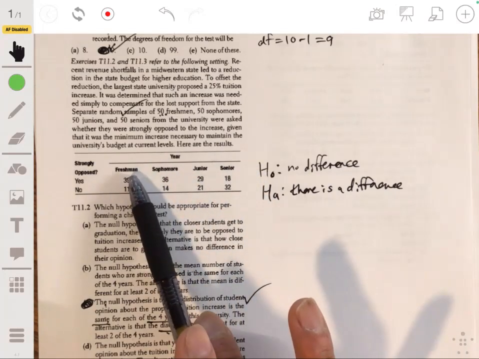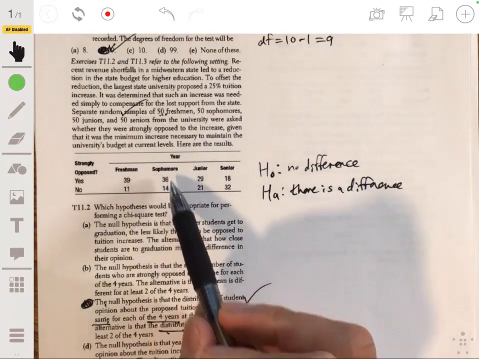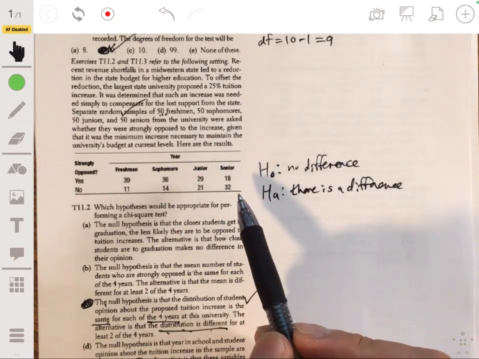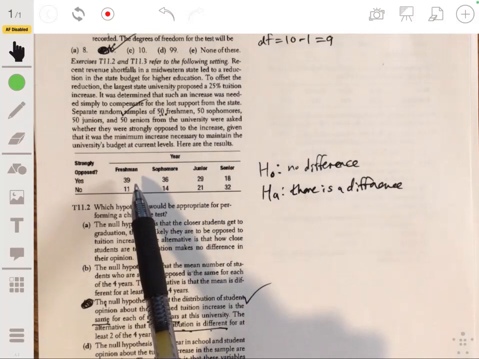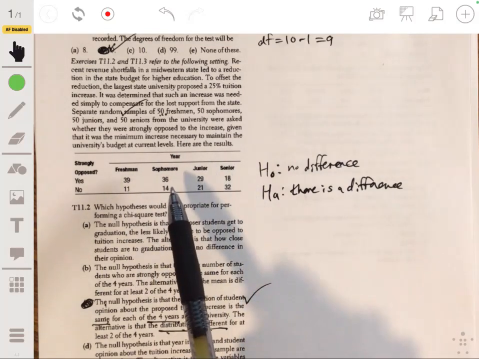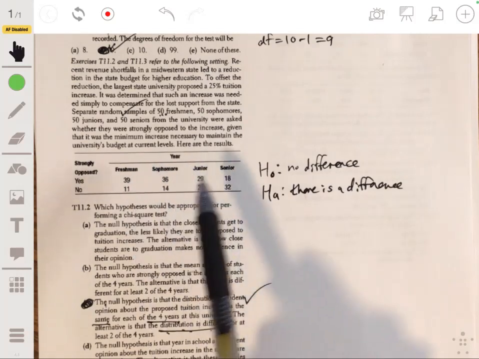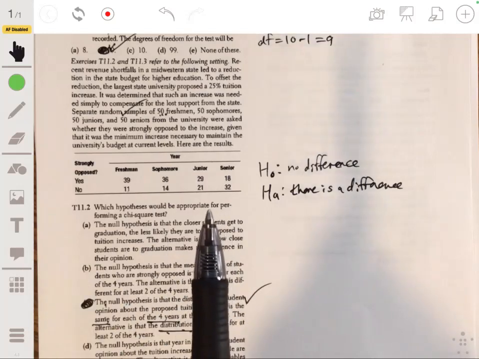One way to check this is to enter these in the matrix or do the equation, row total times column total divided by overall total, and calculate that. But when you see that they're all at least 5 just by looking at them, then the expected counts would be at least 5. These are observed counts, but still, it logically makes sense that if they're all at least 5, then the expected counts condition would be met.